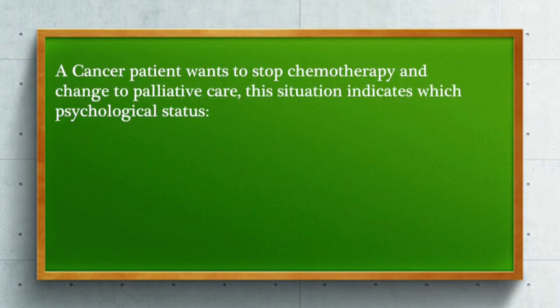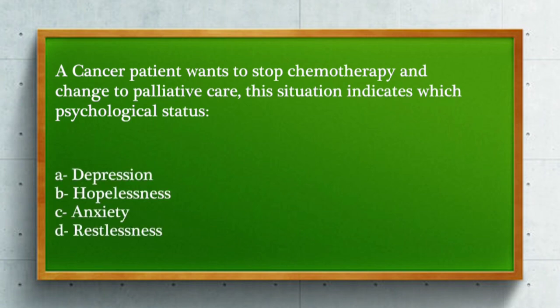Next question. A cancer patient wants to stop chemotherapy and change to palliative care. This situation indicates which psychological status? A. Depression, B. hopelessness, C. anxiety, D. restlessness.